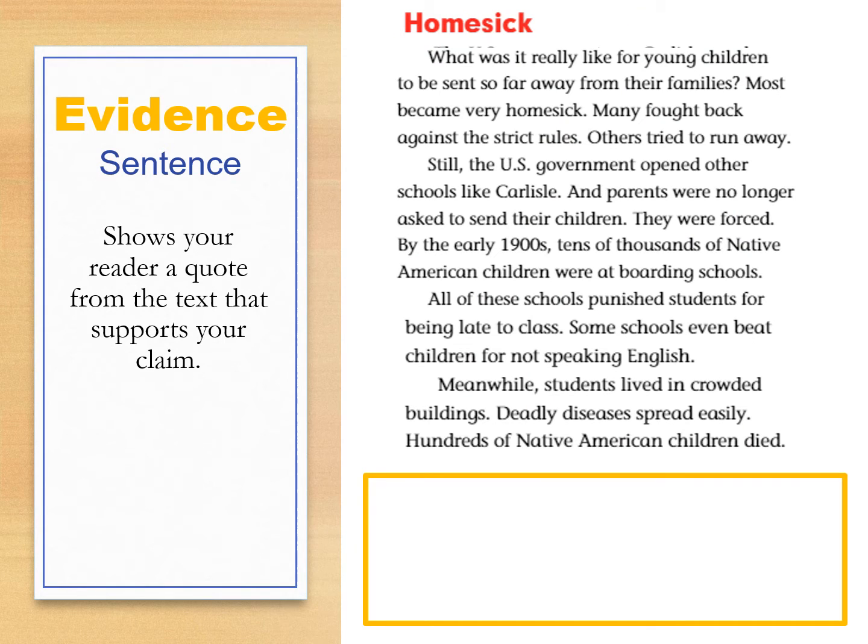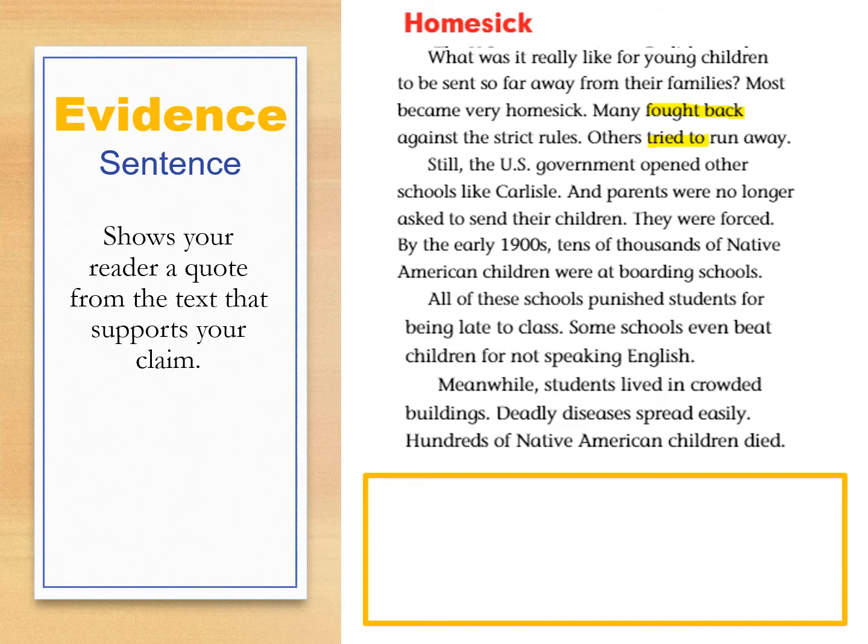Okay, I'm going to read this again. Even though we read the article, it's helpful to reread when we're writing about it. Homesick. What was it really like for young children to be sent so far away from their families? Most became very homesick. Many fought back against the strict rules.